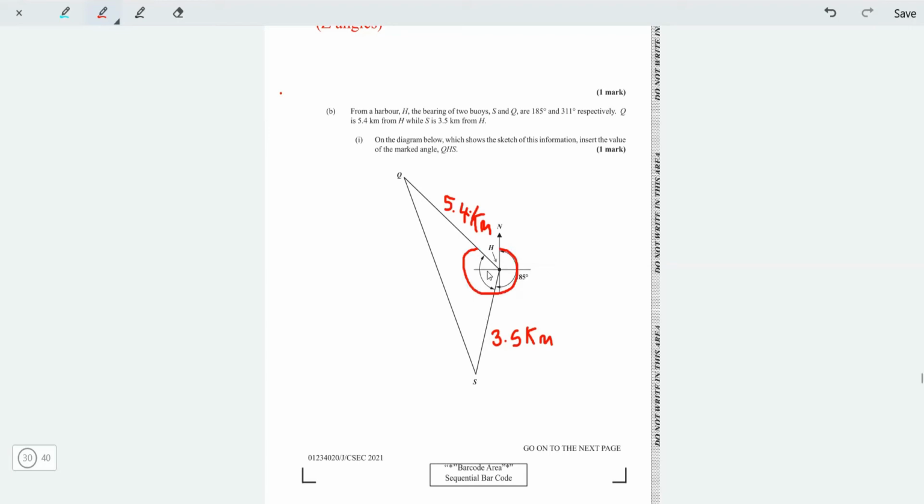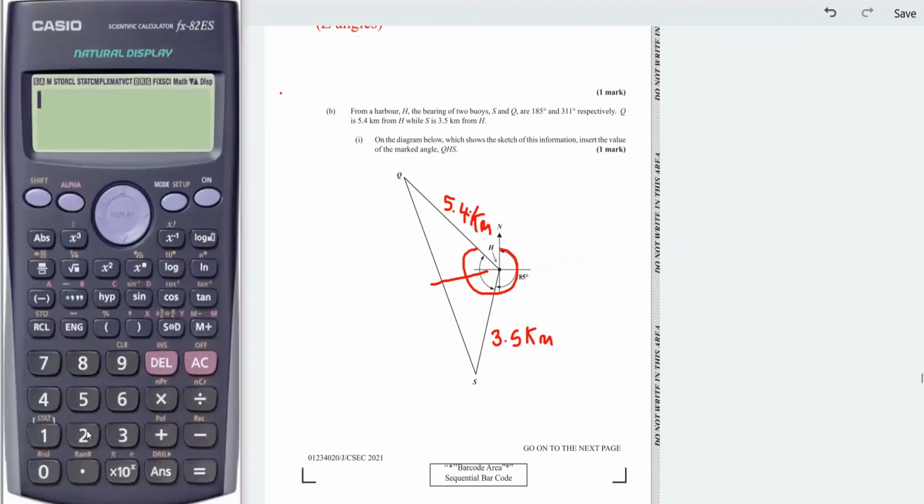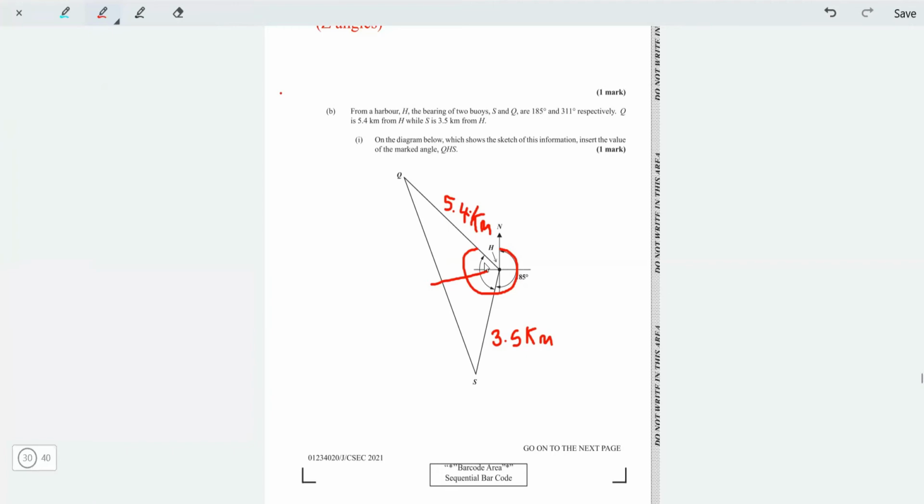So forget what's on the inside here now. The inside angle is just going to be the difference of the two. So all we're going to do is punch in 311 and subtract 185. We'll get 126. So the angle inside is 126 degrees. Since the angle is 126 degrees, that's fine. All right, so good with that.